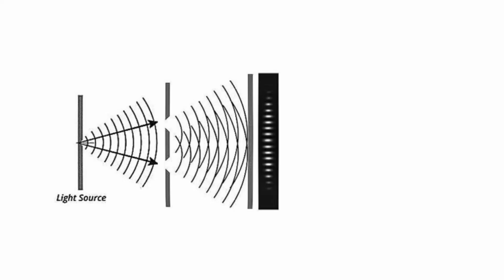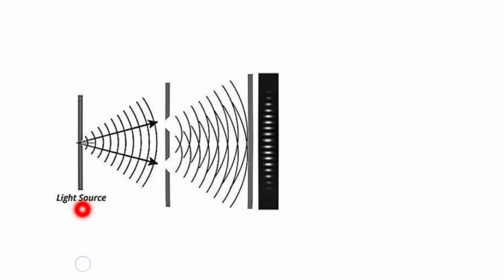Let's take a practical look at this phenomenon. Let's consider a monochromatic source of light and two narrow slits. Just make sure that these two slits are very close to each other and they lie at an equal distance from the light source. Now, if you can see on the screen, according to the diagram, the two slits will give out wavefronts in all directions.